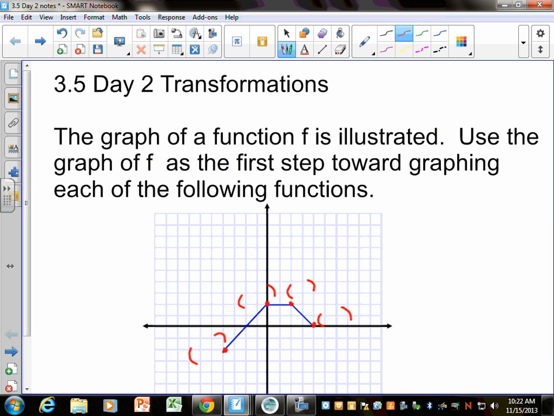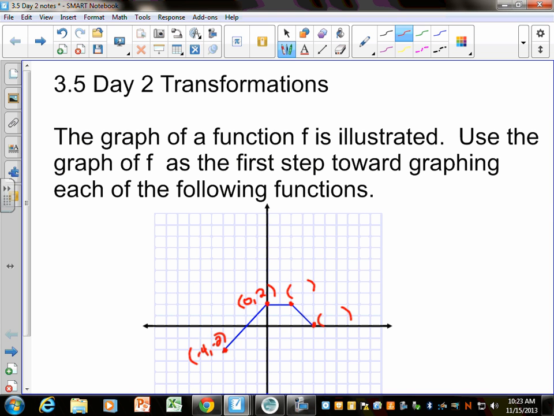Your graph shows up way better than mine does. 1, 2, 3, 4. Is that -4, -2? And guess which one you're doing for homework? And this is 0, 2.